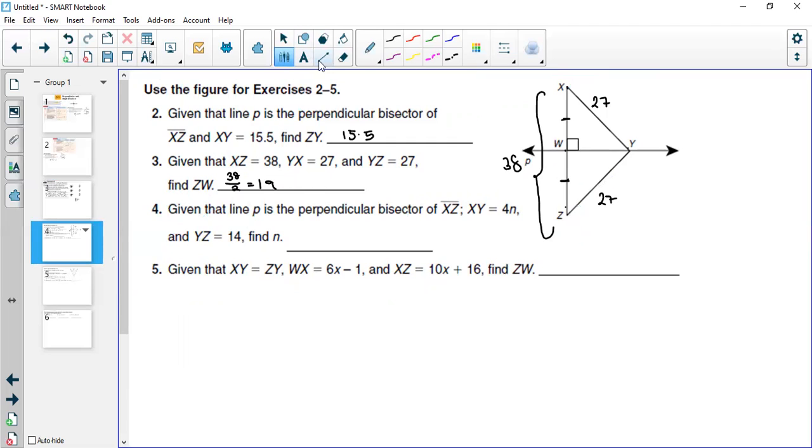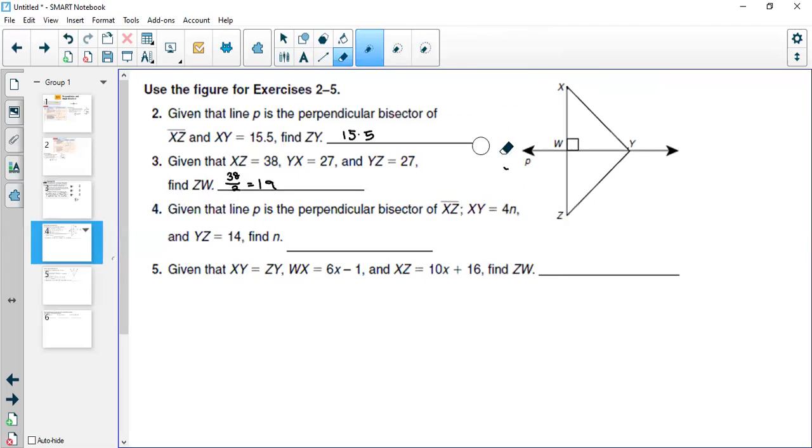Now next one, given that line P, let me erase this off. Given that line P is the perpendicular bisector of XZ, XY is 4n, and YZ is 14. You have to find the value of n. So definitely to find the value of n, we need an equation. Now you know by the bisector theorem, this is equal to this.